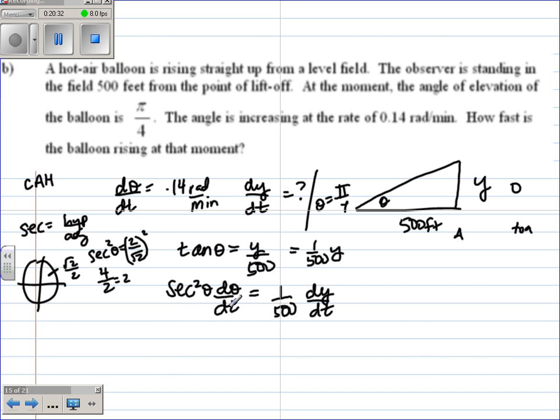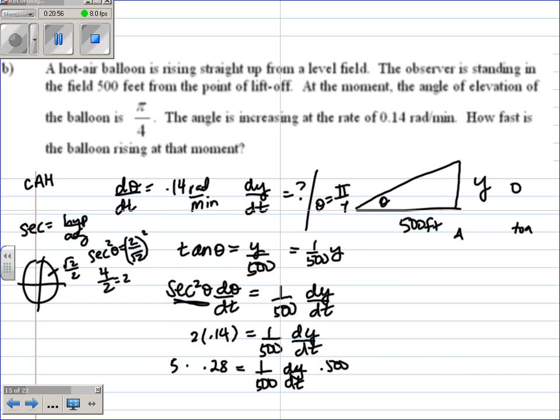So this guy right here is 2. d theta dt is 0.14. 1 over 500 times dy dt is what we're looking for. So we have 0.28 equals 1 over 500 dy dt. So then times 500. And when you do that, you're going to get 140 feet per minute.